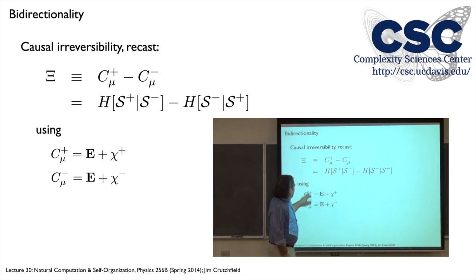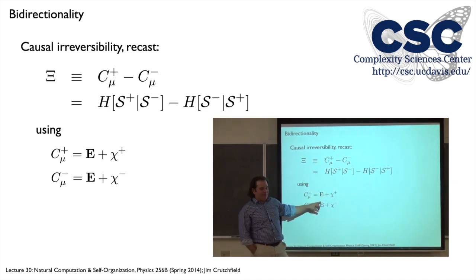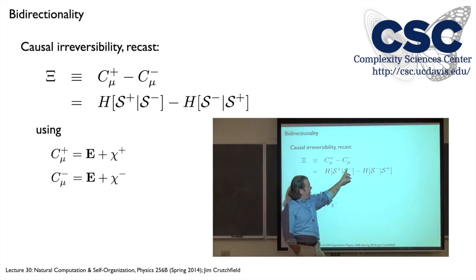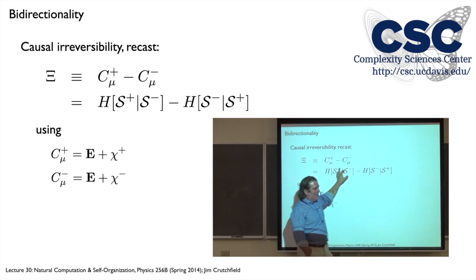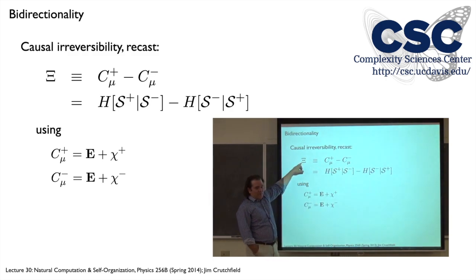Well, using these identities, the crypticities are just the difference between the state complexity and E. I can plug these in here, and the symmetric part falls out, of course, because I'm taking the difference. And what we see, in fact, is that it's the difference in these crypticity terms that is controlling the causal irreversibility.